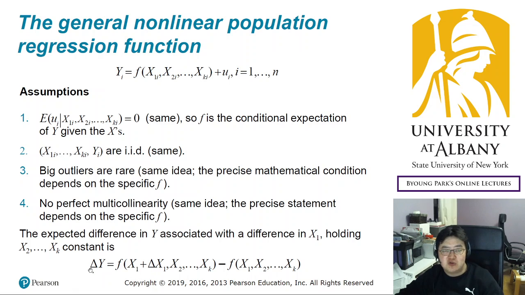So I told you the idea is we need to fix the other variables constant and then change only one regressor, say x1. You can define the effect on y in this way. The other variables are fixed, and this is the ceteris paribus effect on y of x1.